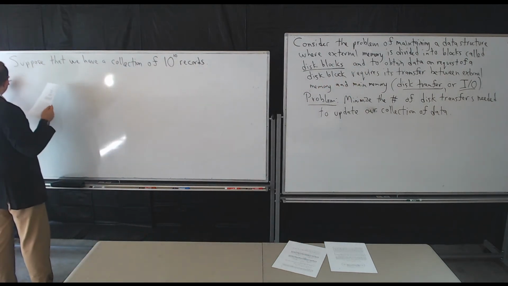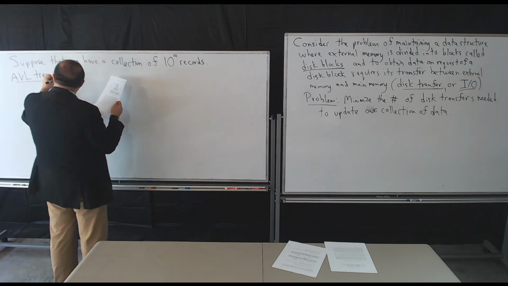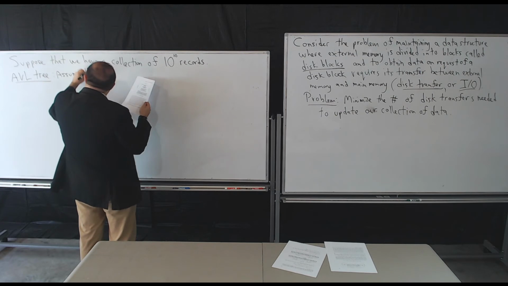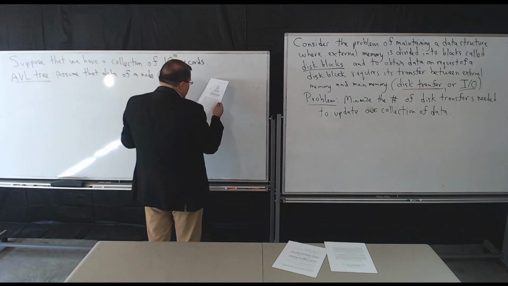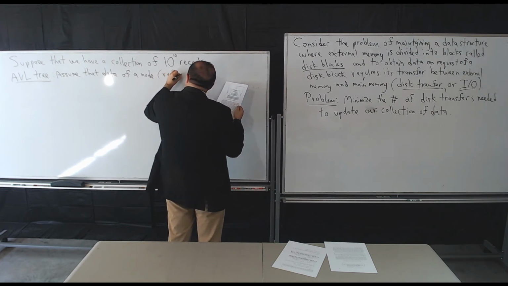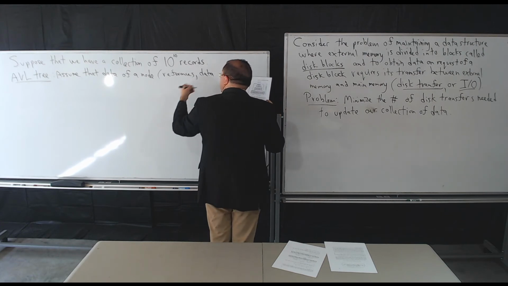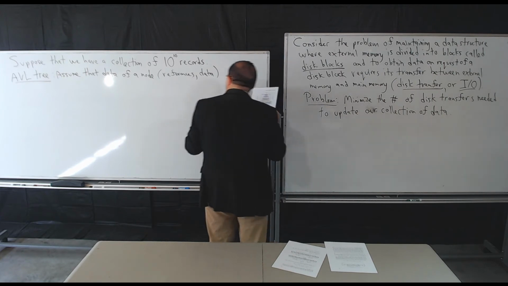So let's first consider an AVL tree. For charitable sake, I'm going to assume that the data of a node, and I'm talking about the entire node, by the way, so the references for the node, the data in each one of the records, the whole thing, your left and right references, the data, and the key, all that is in the node.